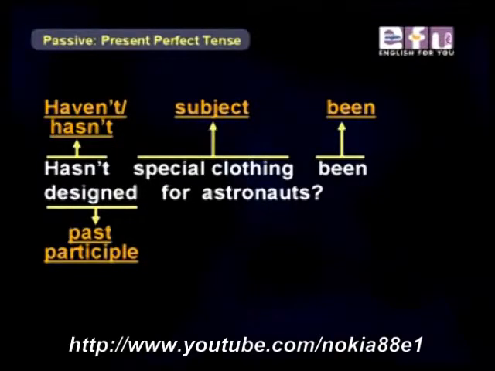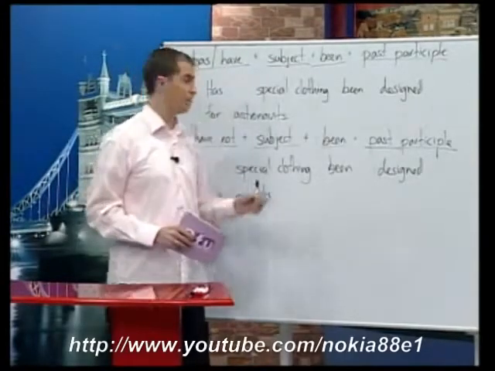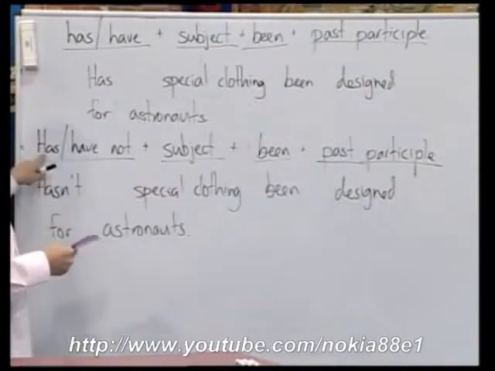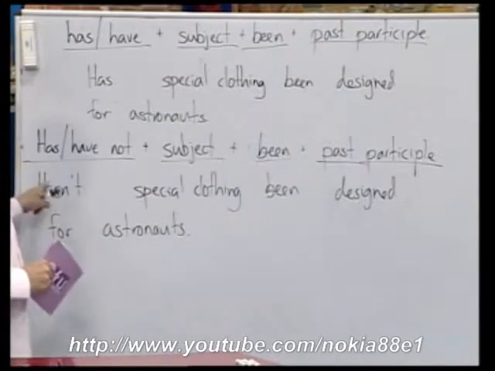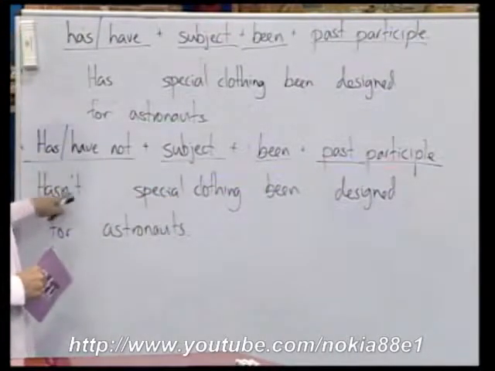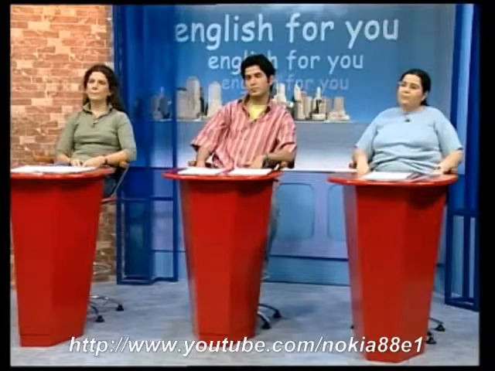Hasn't special clothing been designed for astronauts? Now, again, as usual, the passive voice subject tells us if we use the singular or the plural negative. Has for the singular, special clothing is one uncountable noun, so hasn't, or if it was plural, have not. Okay, let's practice.